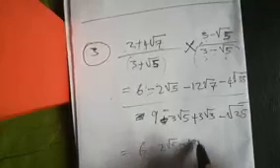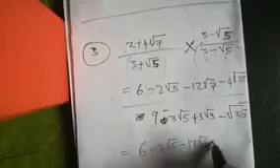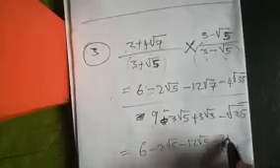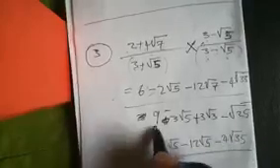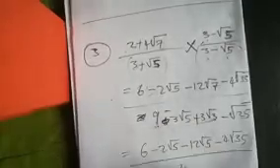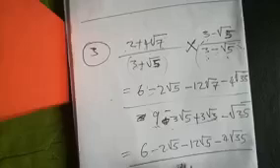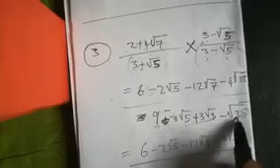plus 12 root 7 minus 4 root 35 over 4. This will cancel, and we have the answer like that. See, this is 5, I mean this one is 5. So we have the answer like that.